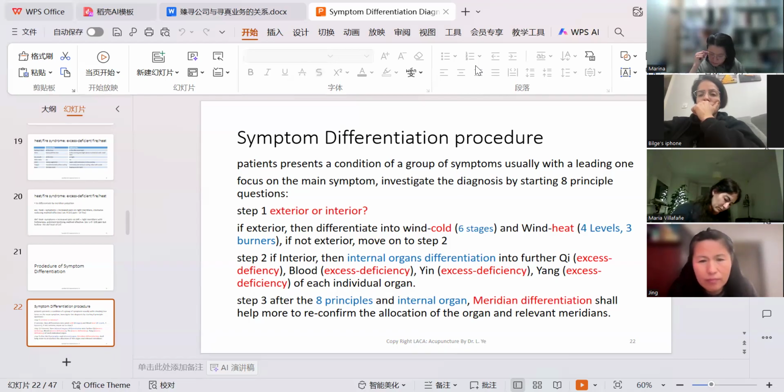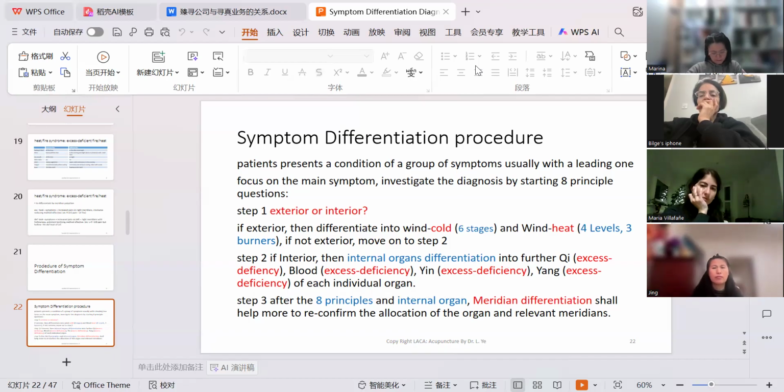Under this category of qi, blood, yin and yang, you have excess and deficiency. So qi excess, qi deficiency. Qi excess means qi stagnation. Qi deficiency means qi deficiency. The same with blood excess, blood stasis, and blood deficiency. Yin and yang, the same principles apply. Once you come to that level of differentiation, you nearly come to the final conclusion of your treatment and consultation.